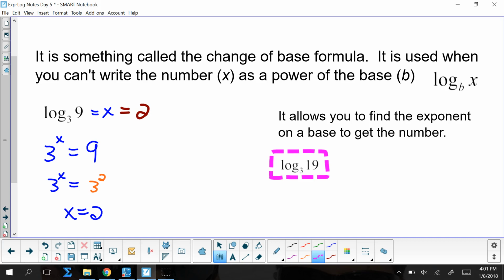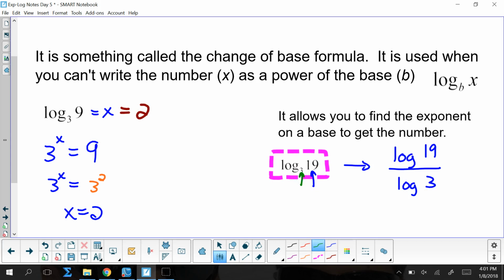The change of base formula is used when you can't write the number as a power of the base. Okay? So like this one. So what I would do here is I would take the common log of 19 divided by the common log of 3. I take this number and it goes on top. I take this number and it goes on the bottom.